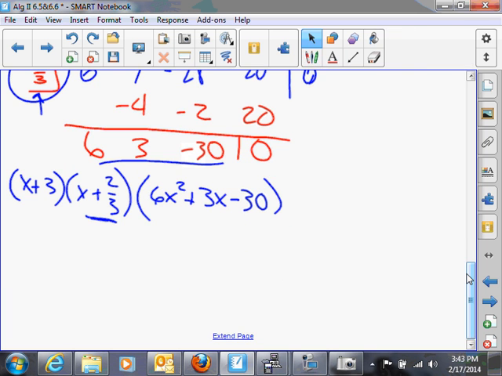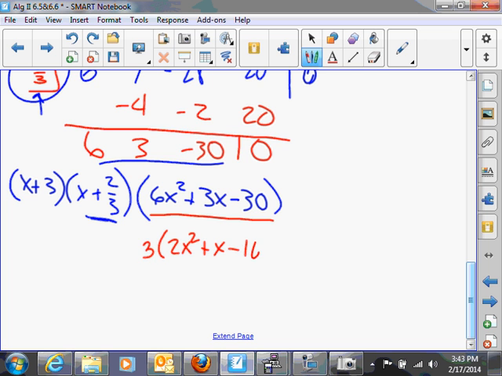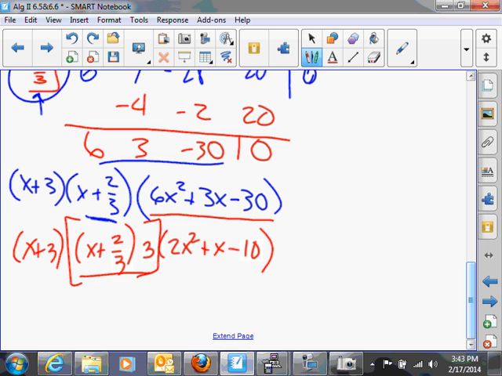Now, if it's a 0 and you had integer coefficients to start with, what's going to happen is over in this polynomial, there's going to be a factor of 3 that you could take out of this one. In other words, we have 3 times 2x squared plus x minus 10, and we could multiply that 3 by this binomial, and what will happen is this will become x plus 3.